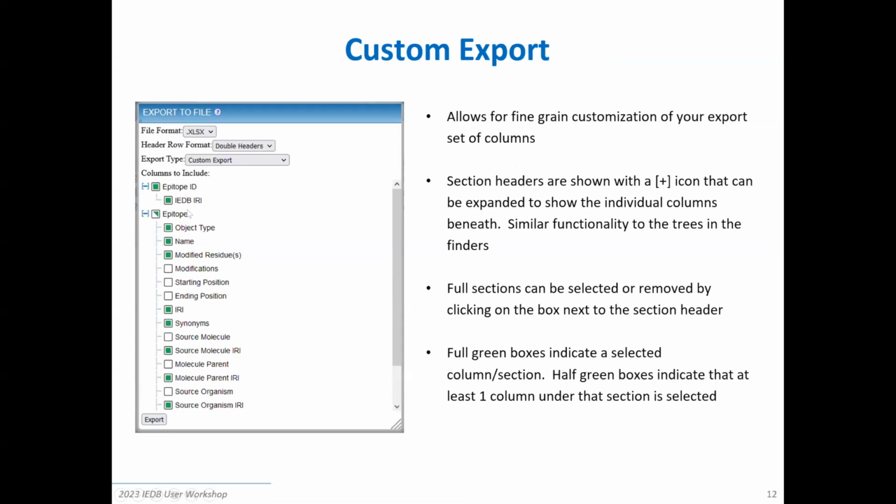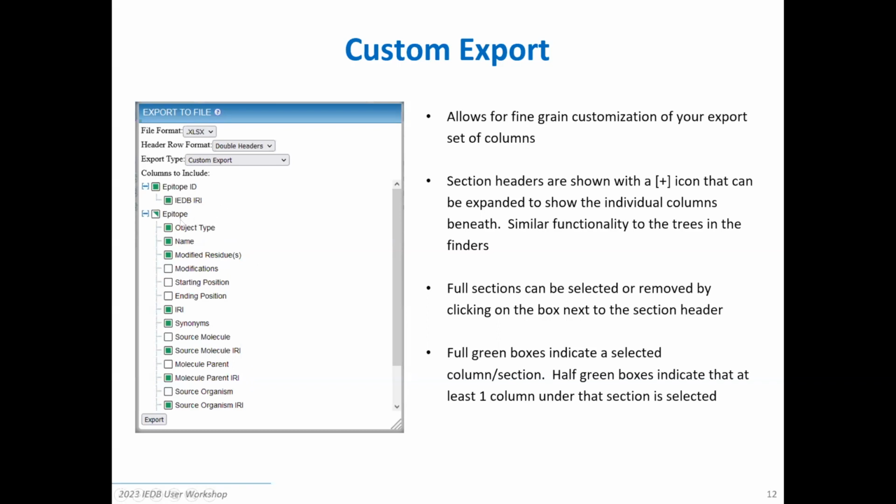These are in the header rows, these are equivalent to the sections, and then these are the field names. You can go in and modify anything that you want to export or don't want to export. So in this example here, if you didn't want modifications, you unclick that and it goes away and it won't export that field, but it'll export everything else.